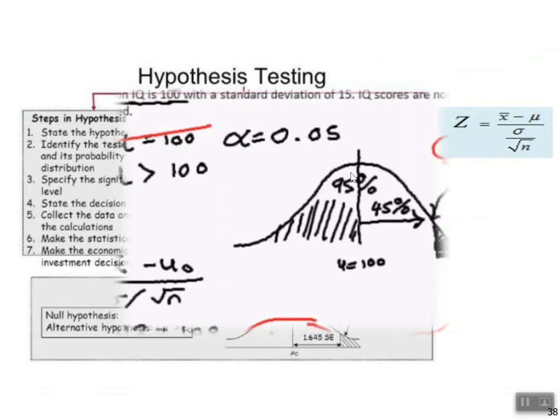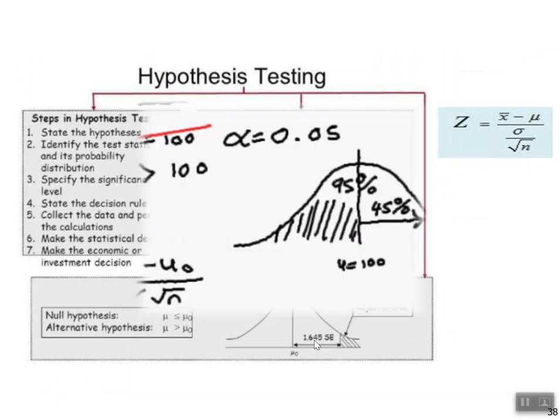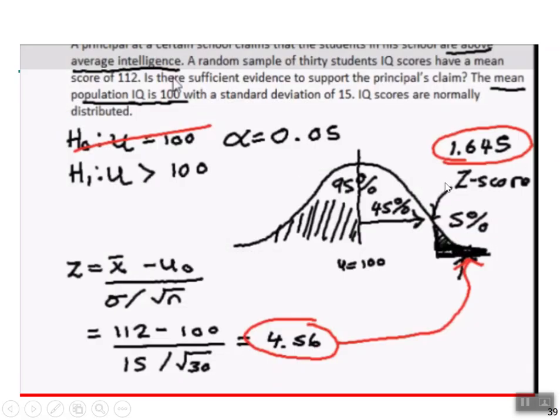So the one-tailed test is this graph, right? So we're looking at the critical value of 1.645. This is 1.645, and this is a 5% area. Our score is greater than 1.645, therefore it has to be here, because here is 1.645, right?